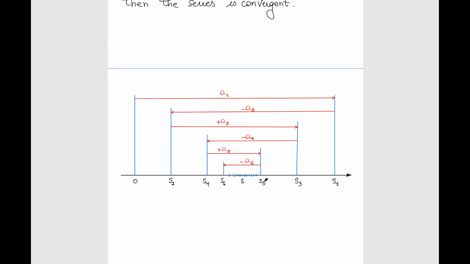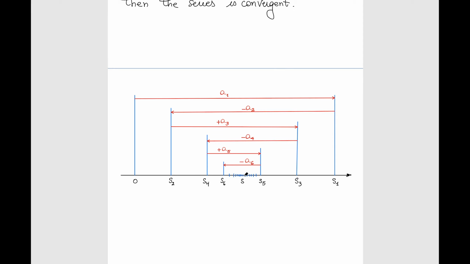So it seems believable that there must exist some number S that the even partial sums converge to, and the odd partial sums converge to.